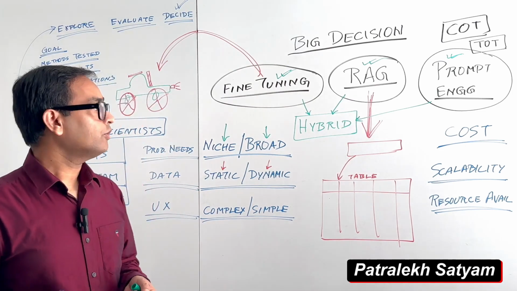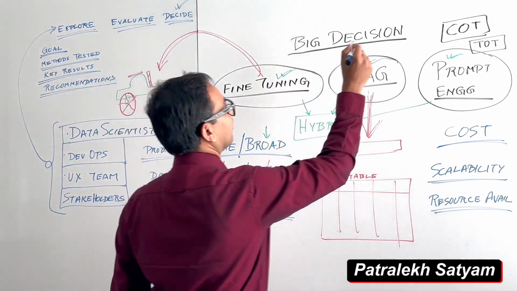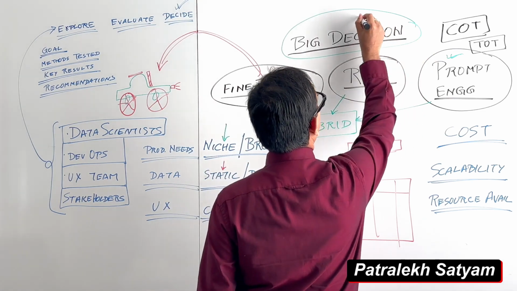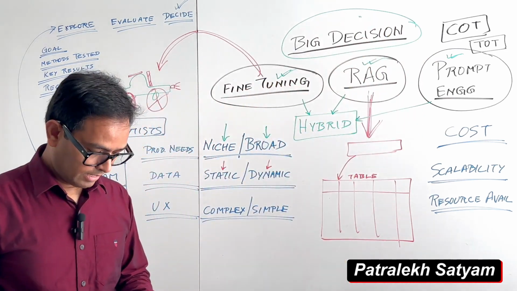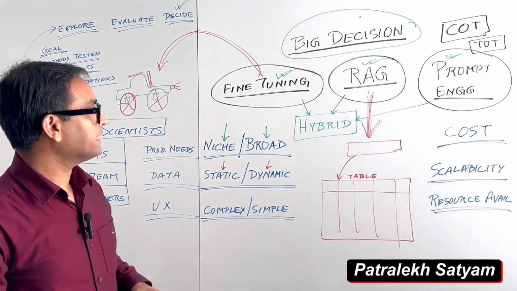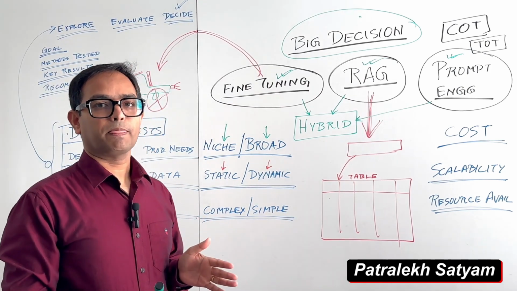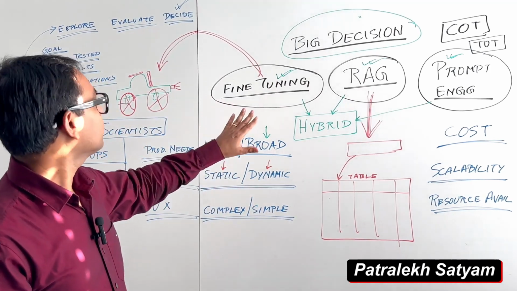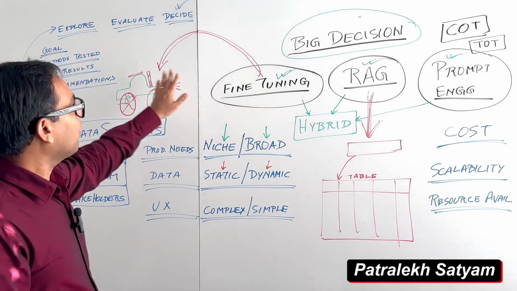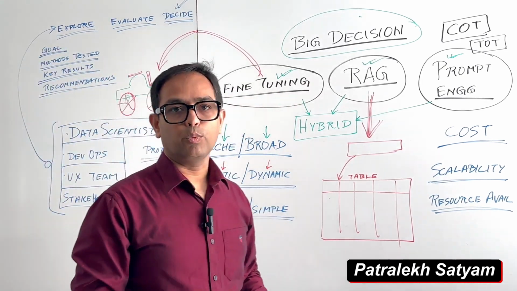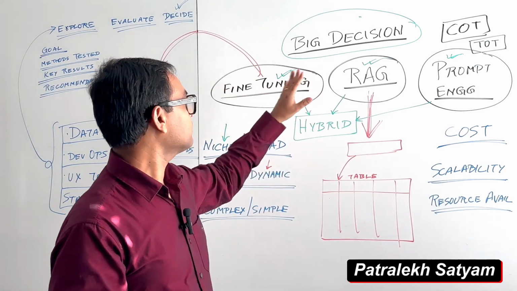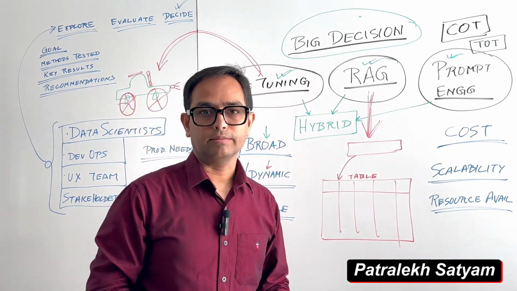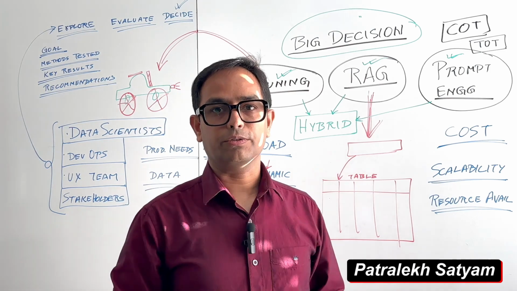And that is how you will be making that big decision. Right? In the next video, we will take a real world problem and will draw a block diagram to show how this whole thing will go, and how at the end you can come up with the decision of which approach or what hybrid approach you are going to use.